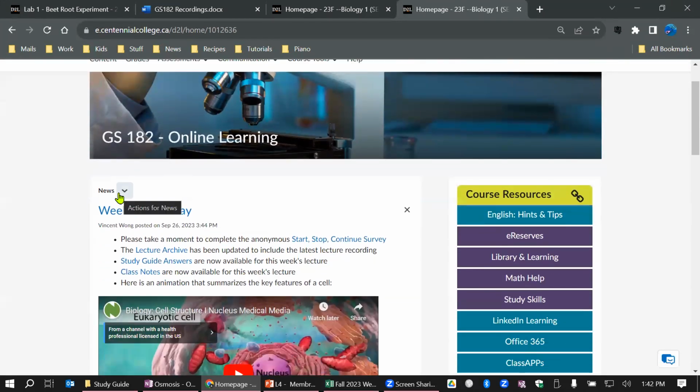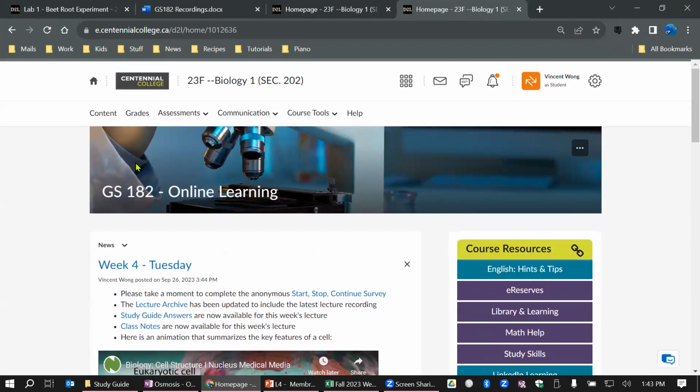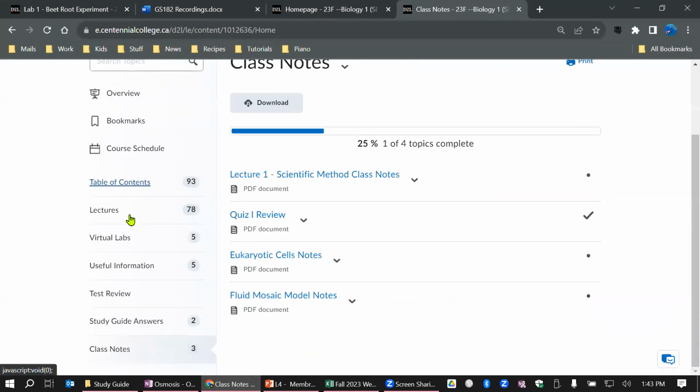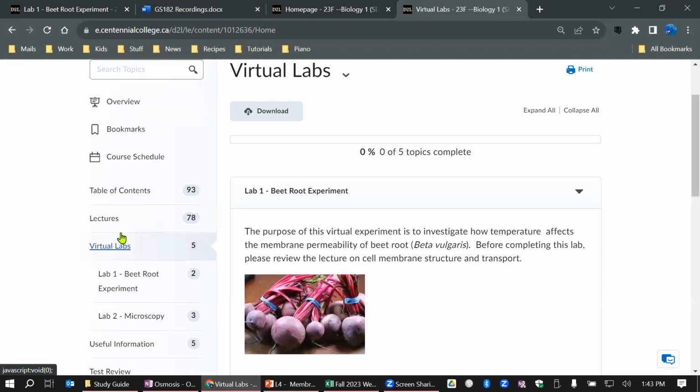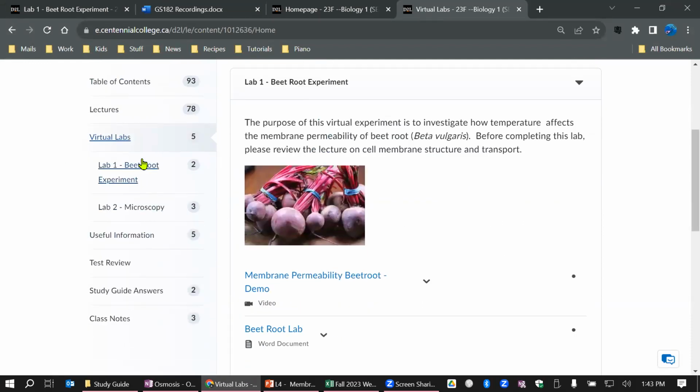I'll post an announcement after class to direct you to things. But basically, if you go to content and virtual labs, you will see the two labs here, the beetroot experiment and the microscopy.